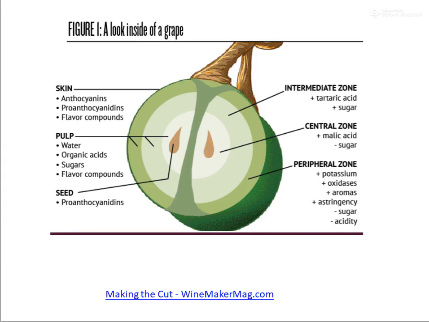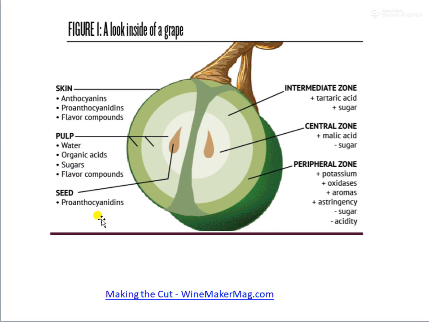If you look into a particular grape, you can find that it has a skin, which consists of various components, various anthocyanins, which are pigments. In the pulp, you can find water, organic acids, sugars, and flavoring compounds.